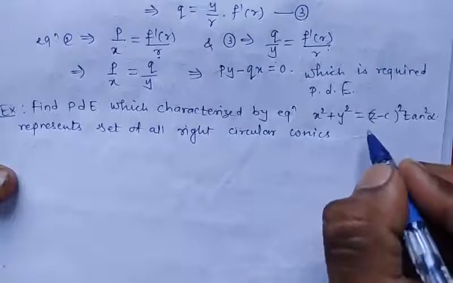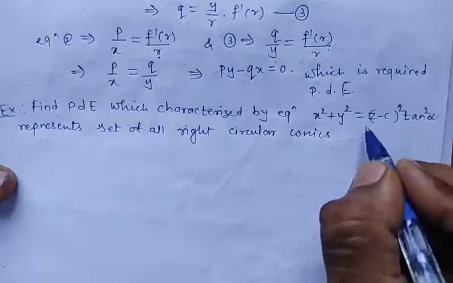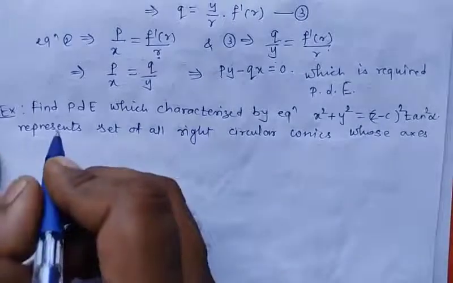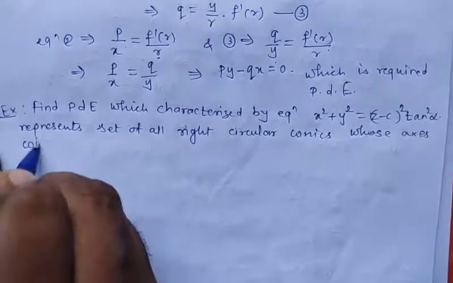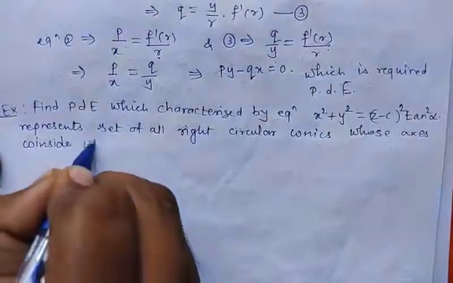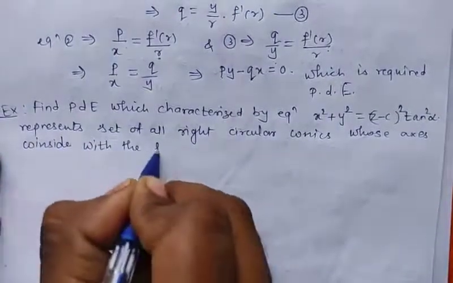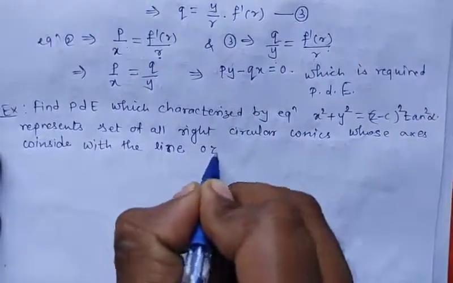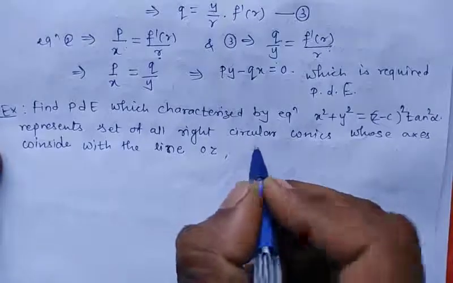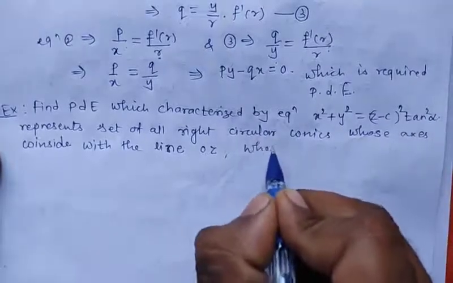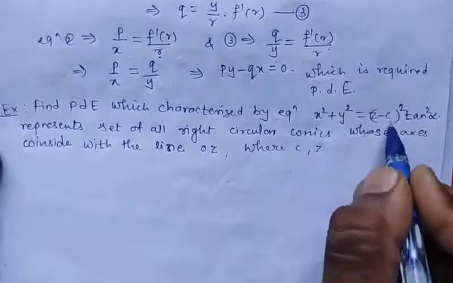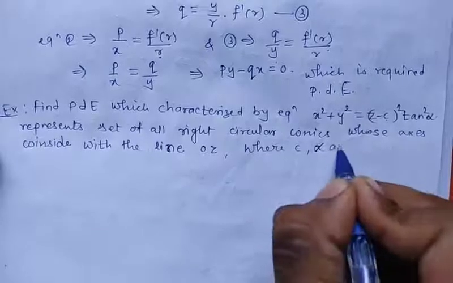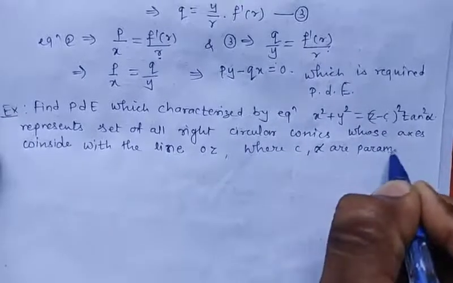whose axis coincides with the line OZ, where c and alpha are the parameters, which are constants.